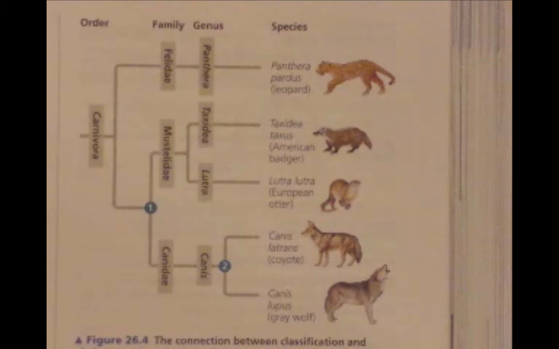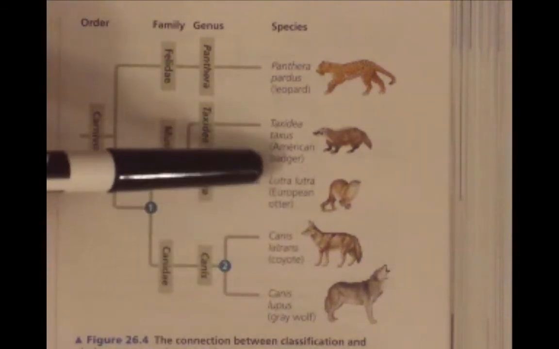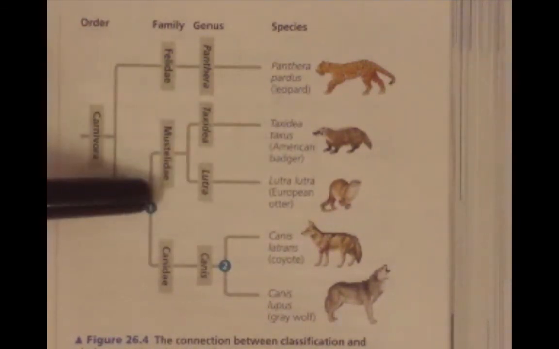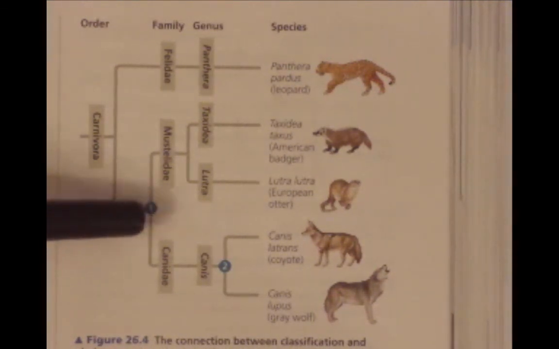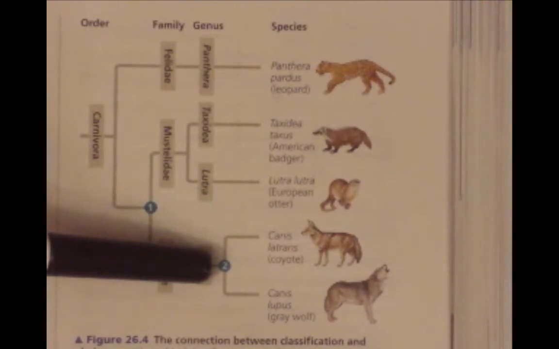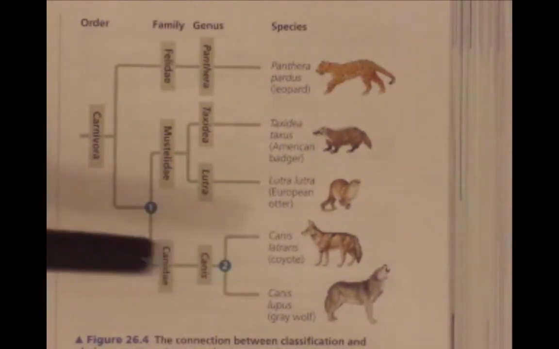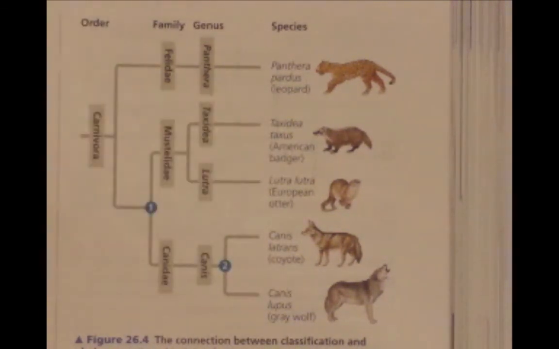But it does tell us that the common ancestor of the wolf and the European otter, shown here by 1, did indeed live before the common ancestor of the coyote and gray wolf. That the coyote and gray wolf common ancestor, this number 2, is more recent than the common ancestor of the gray wolf and the otter.